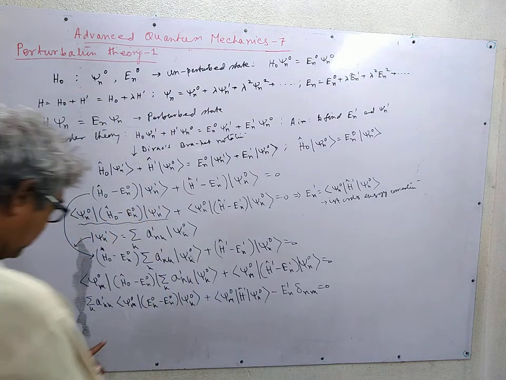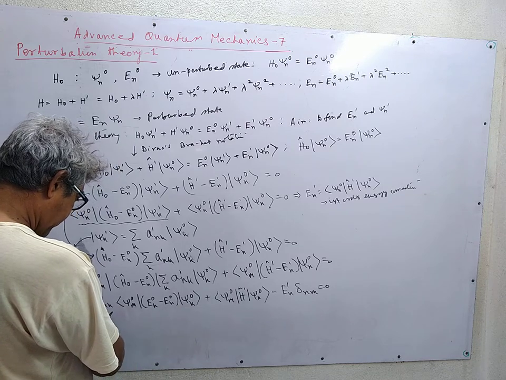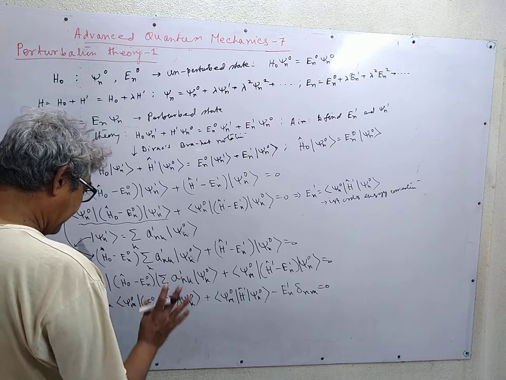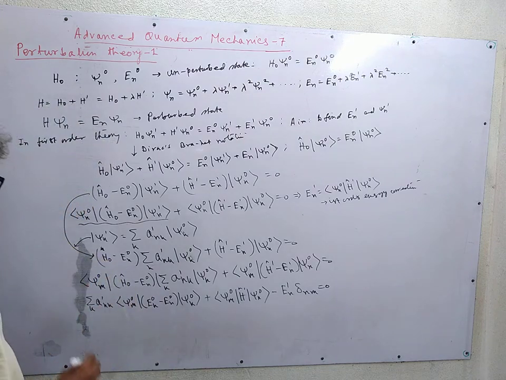And this also leads to a delta Mk, and when we perform the sum over K, we get only the term corresponding to K equal to M.